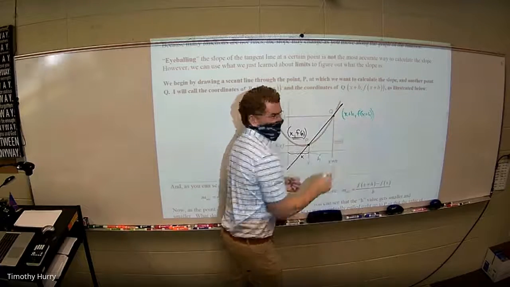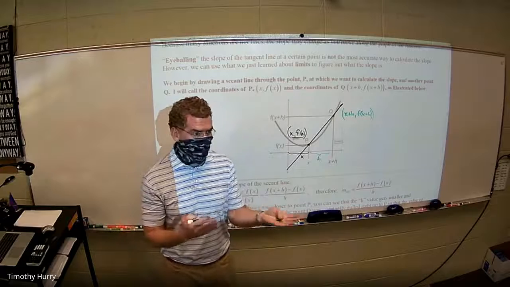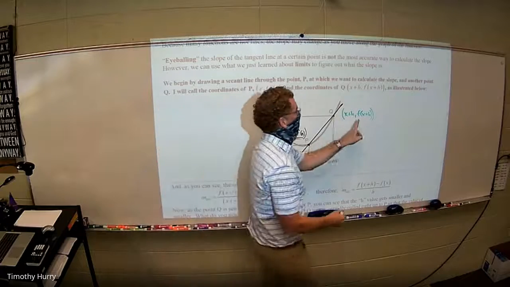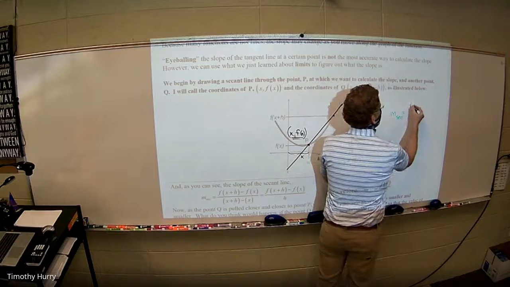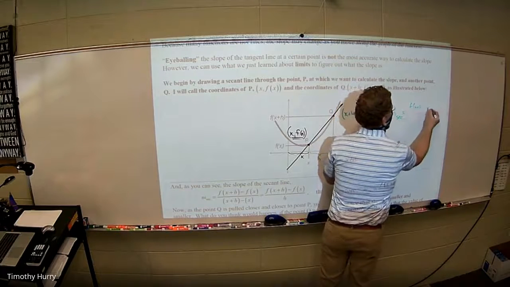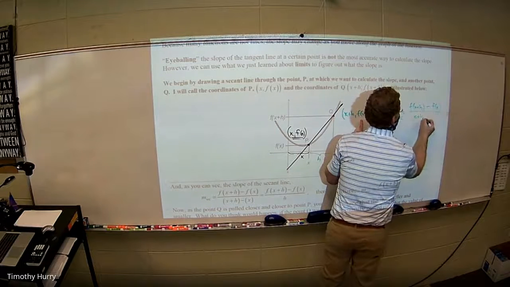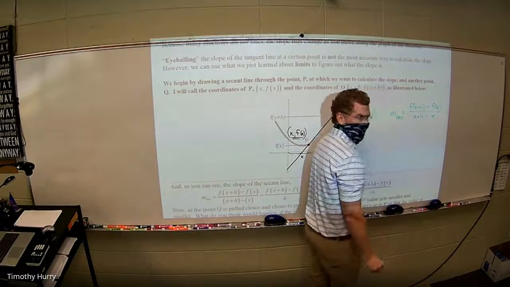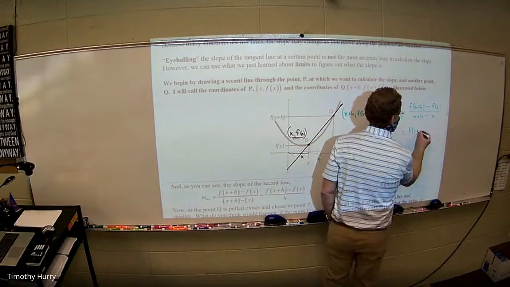And then once I have two points, we already have an equation that does slope, right? y minus y over x minus x. So here we go. My slope of my secant line would be this y minus the other y over this x minus the other x. And then when you cancel the x's out, you get this.